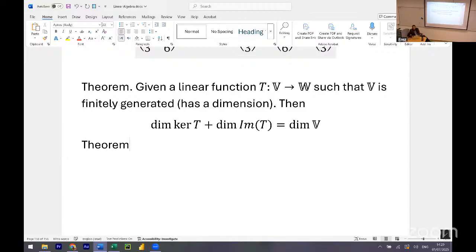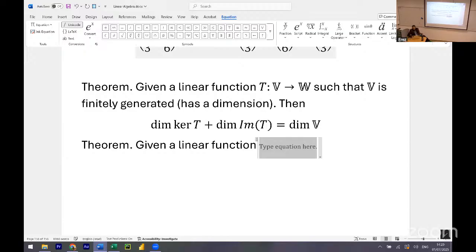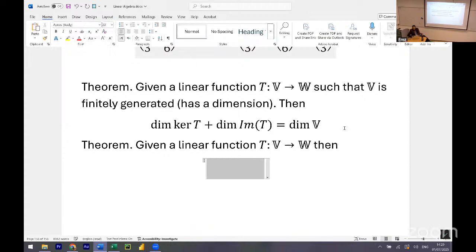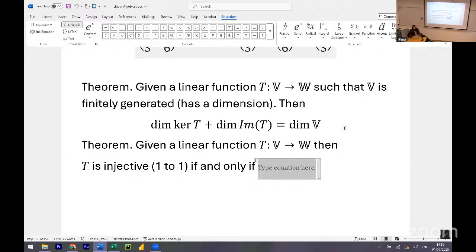Given a linear function T from V to W, then T is injective, one-to-one, if and only if the dimension of the kernel is 0.